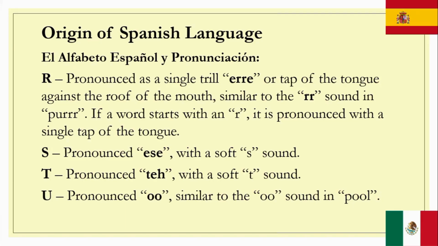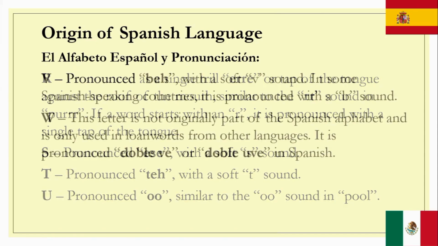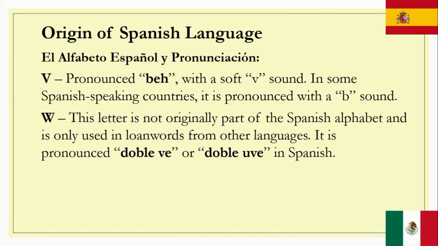S pronounced as ese with a soft S sound. T pronounced as te with a soft T sound. U pronounced as long O in English or U, similar to the U sound in pool. Then we have V pronounced as be with a soft V sound.